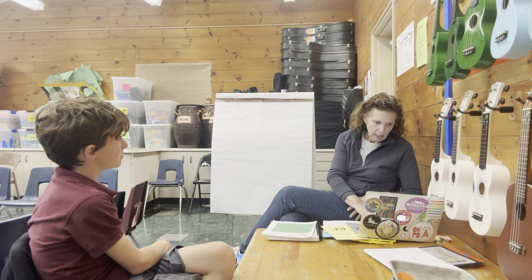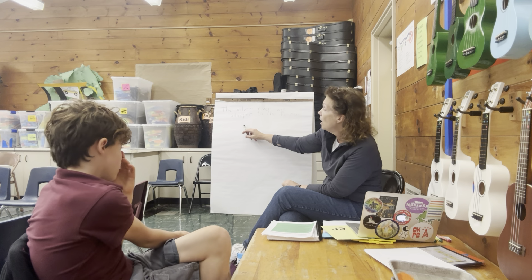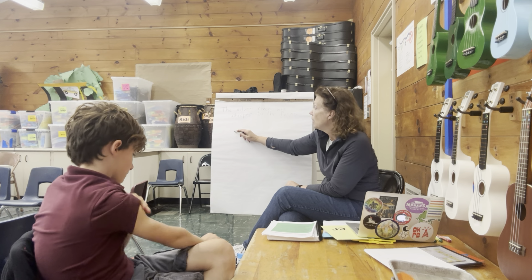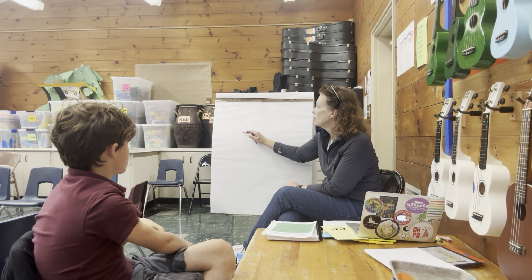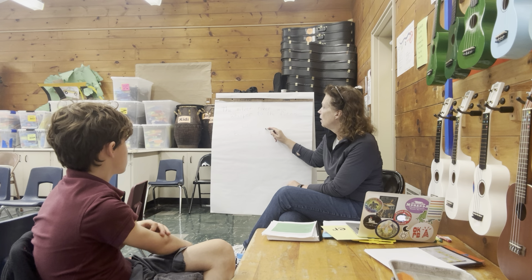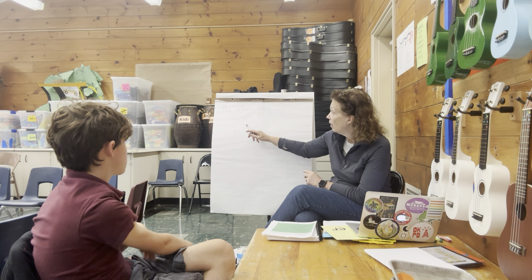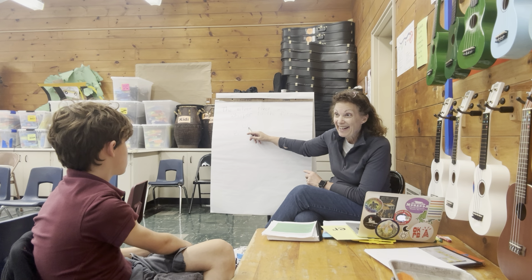It is okay. So our new concept is going to be something called the bossy R. The bossy R. Okay, the bossy R. And the bossy R happens when a vowel is followed by an R. It's also going to be a new syllable type for us.